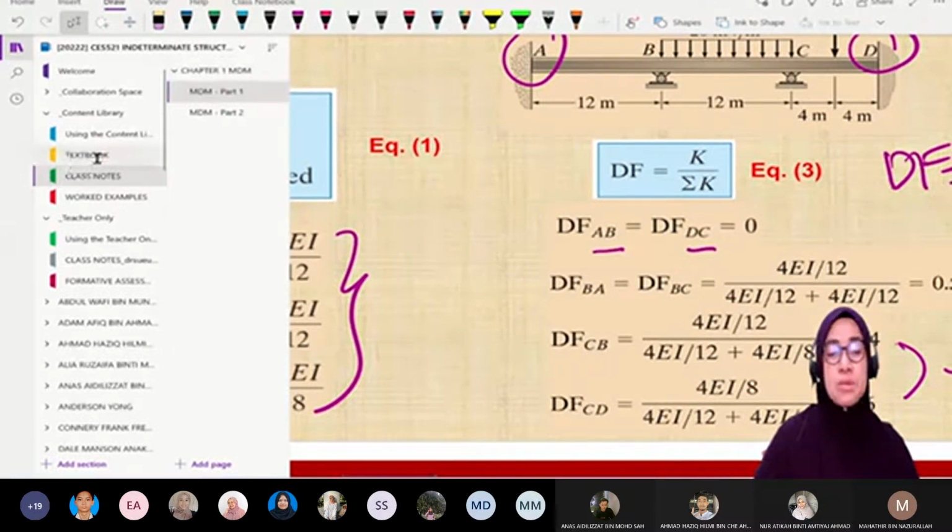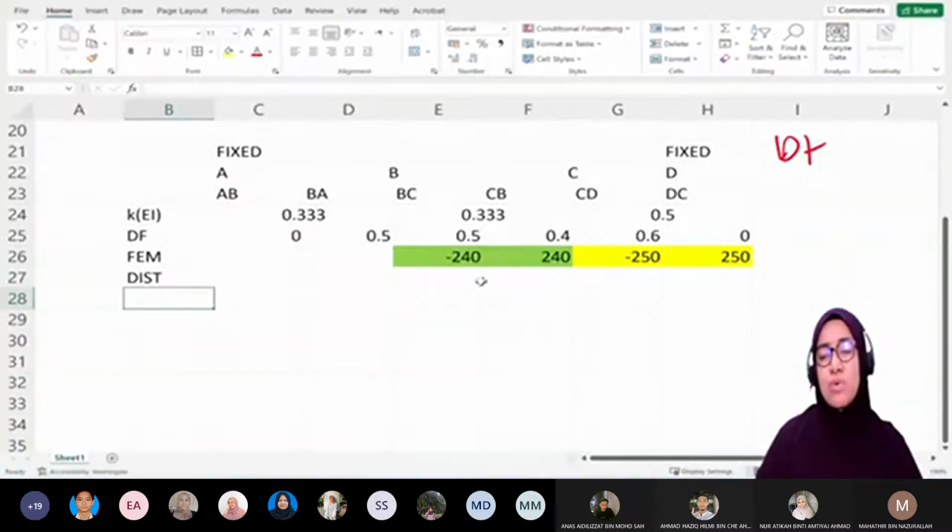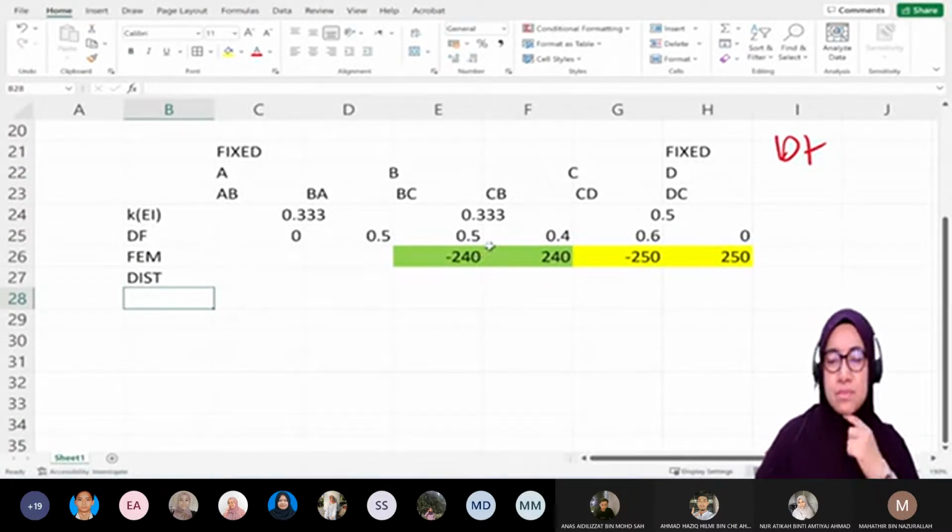Okay, so we have to understand the value inside this table and diagram.